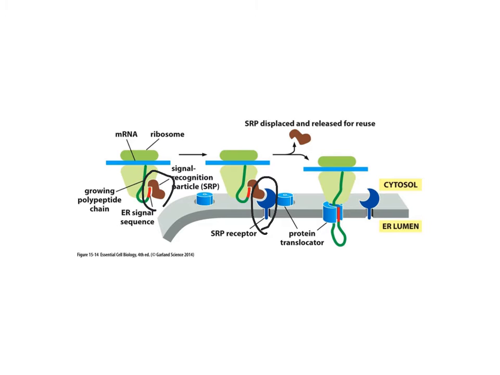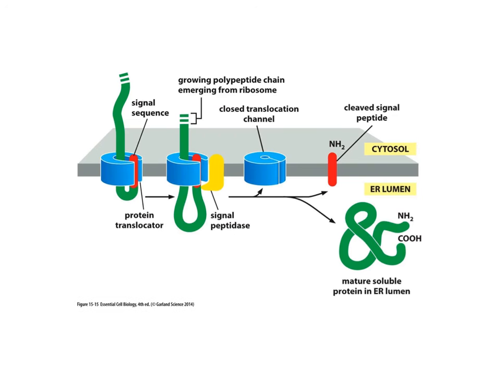The signal recognition particle receptor then associates with a protein translocator here in the membrane, and the ribosome, with the protein being synthesized, is transferred to this translocator, and the signal recognition particle and its receptor are released.